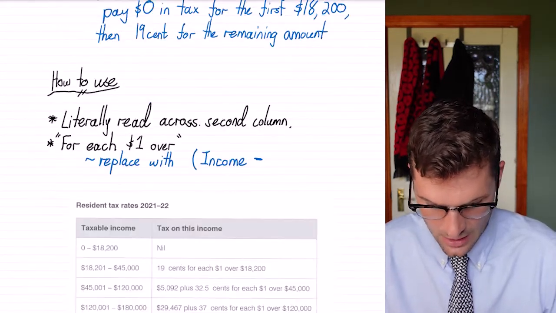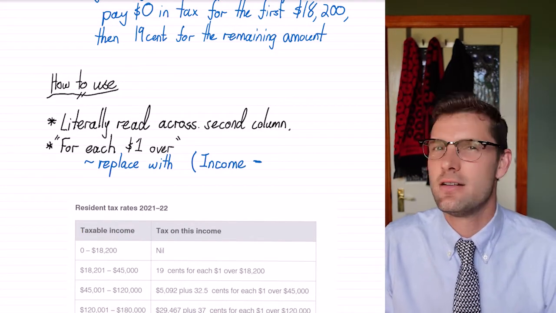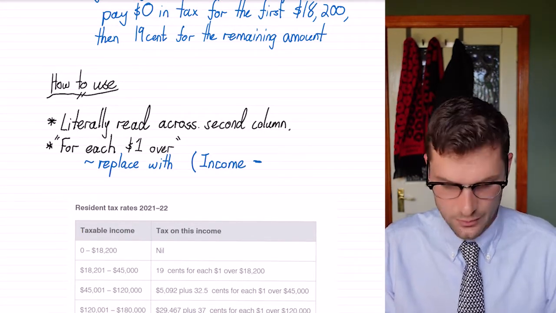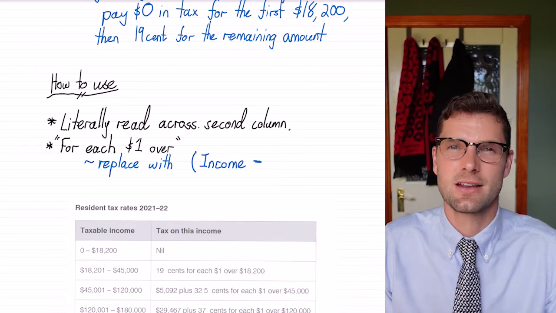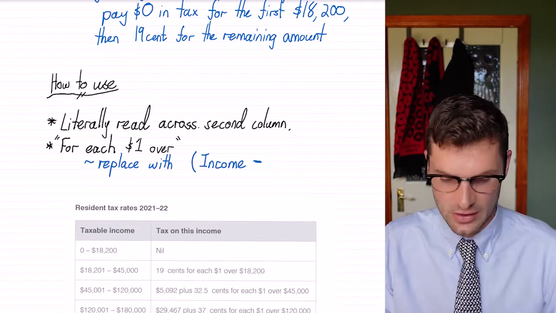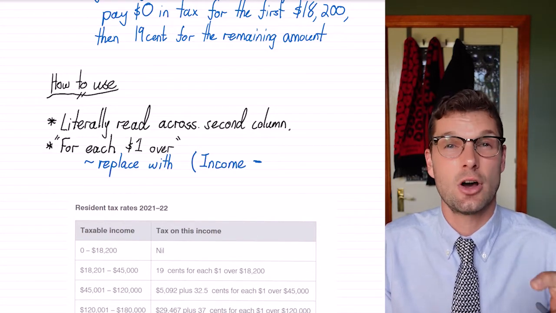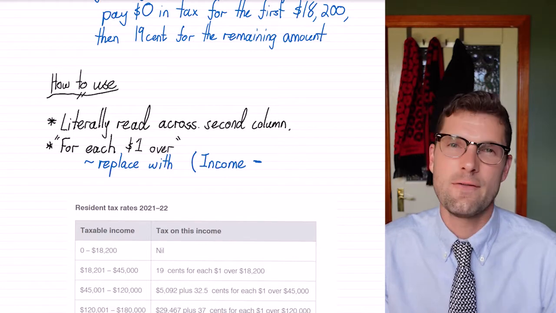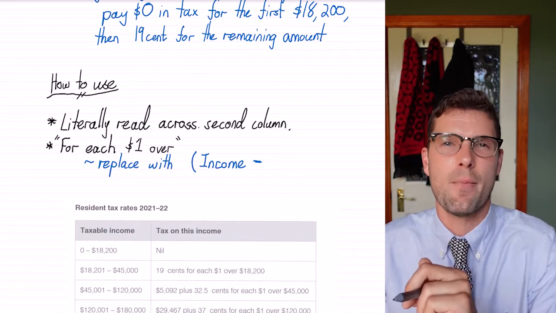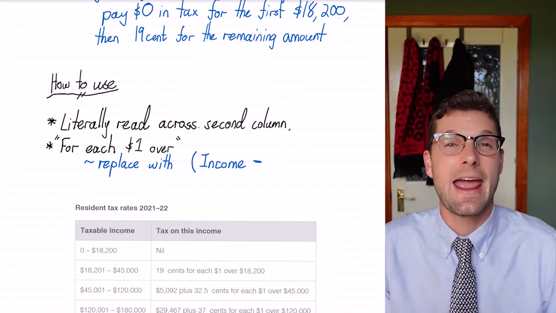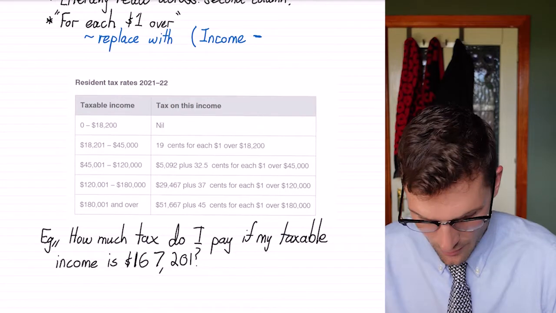The way that we use these, they do look a little bit complicated, but they're super simple. Literally, if you read across the second column, you can do these. The only thing that you've got to do is where it says for every $1 over, all we've got to put is bracket the income amount and a minus, and this is going to help us find out how much money is above that tax bracket. And we're going to see what I mean here.